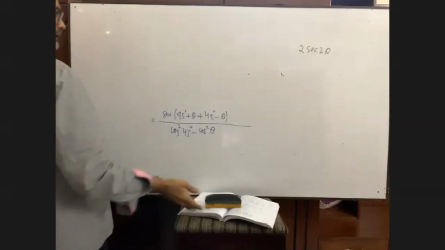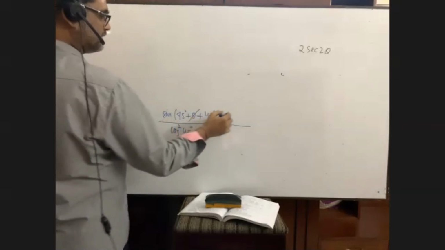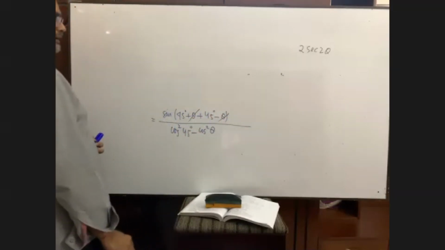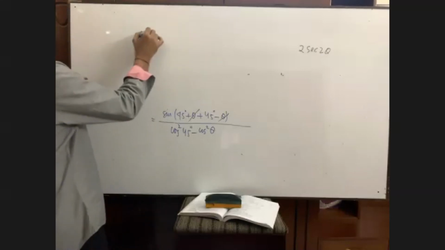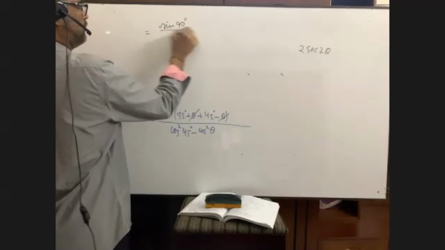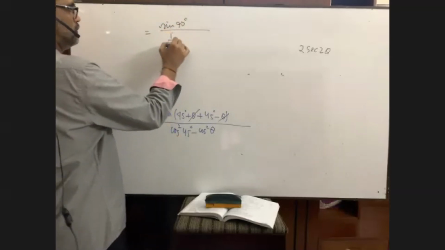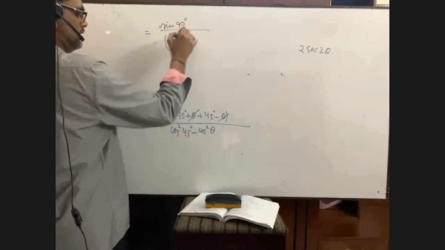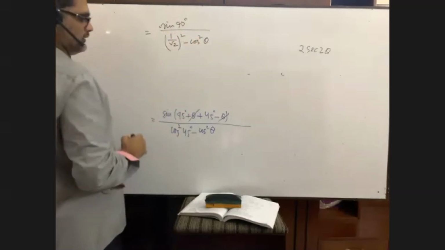Okay. Now you see this theta and this theta are omitted. So we are getting sine 90 degree by cos square 45, cos 45 is 1 by root 2, whole square, minus cos square theta.